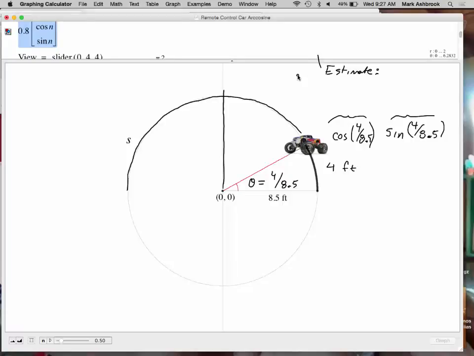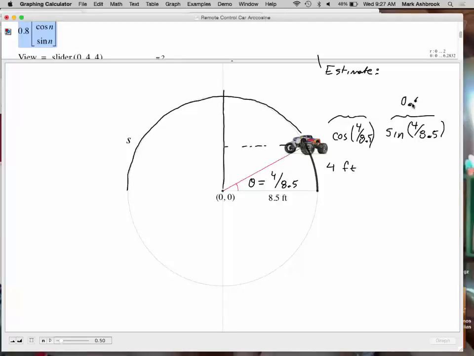Okay, estimate for cosine of this angle 4 over 8.5. What would you estimate to be? George? He said a little less than half. So what are you saying? Is that cosine or sine? That's sine. So he's thinking a little less than half. And as an estimate, so he wants to say 0.45.